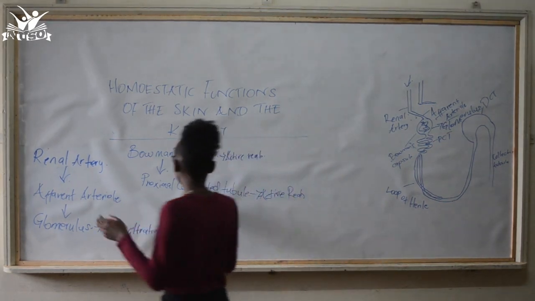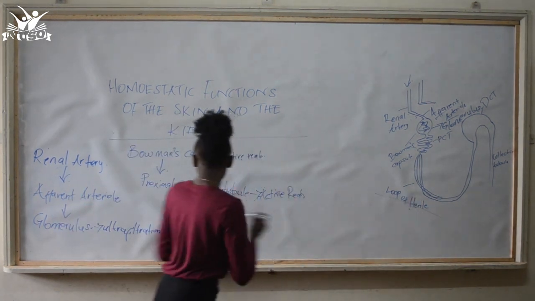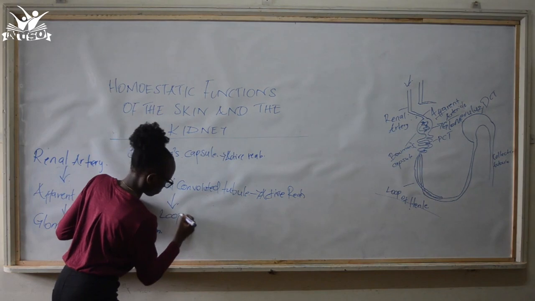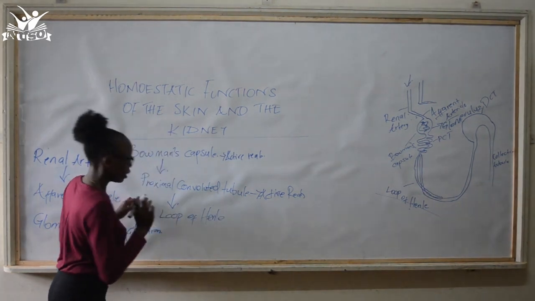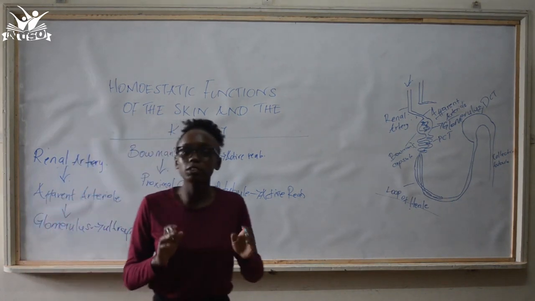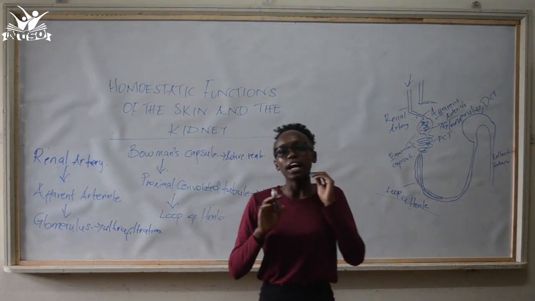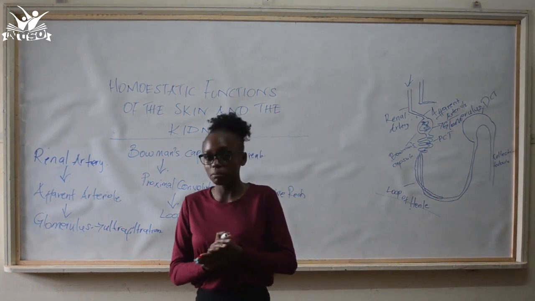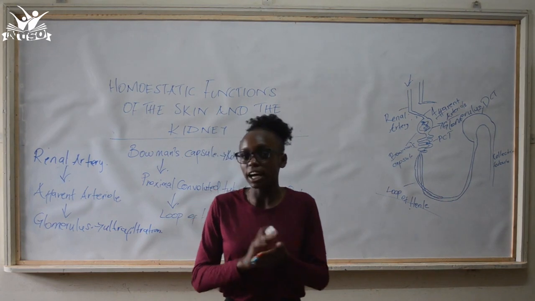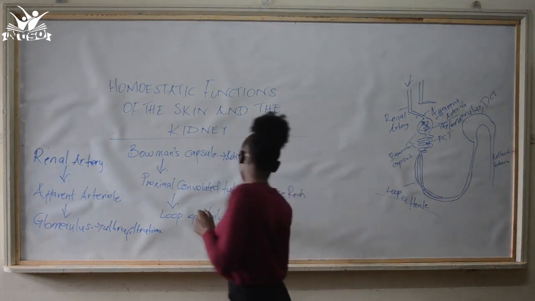And then the filtrate moves to the loop of Henle. Immediately the filtrate reaches the loop of Henle, the hypothalamus in the brain is stimulated and the adrenal glands produce the hormone aldosterone.